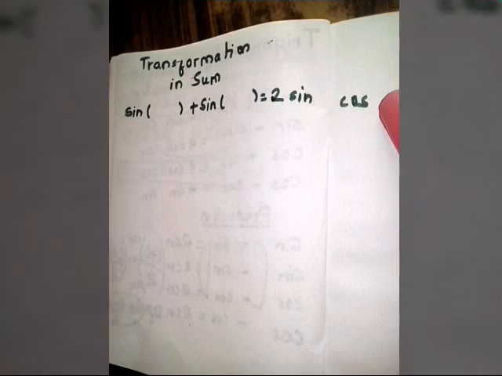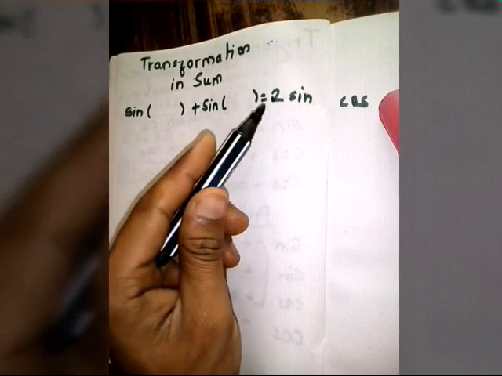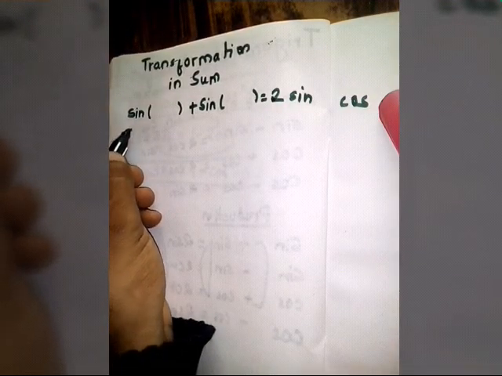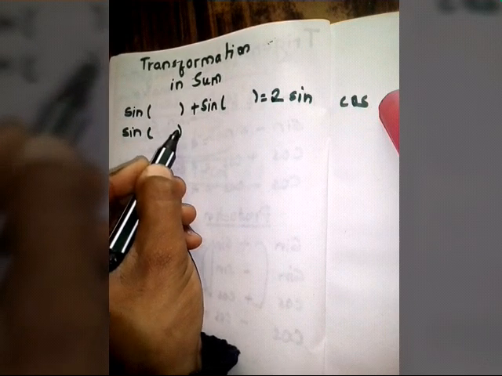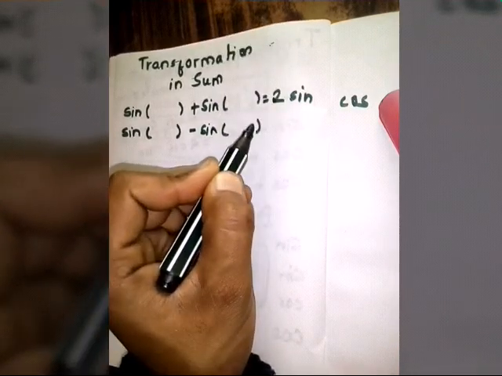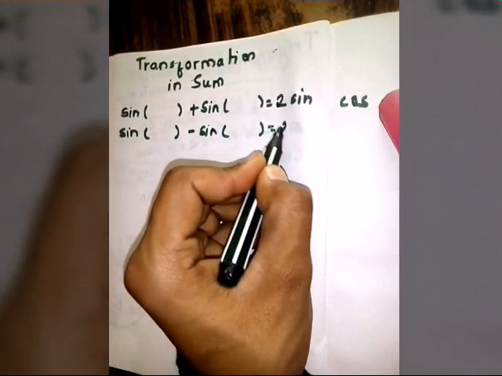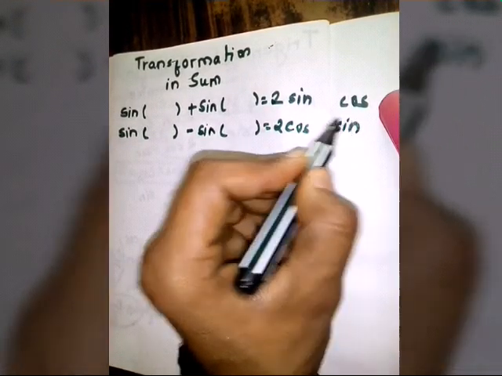Now let us talk about transformation in sum. Okay, the pattern is the same. Again we have sine plus sine is equal to 2 sine into cos. Now similarly sine minus sine, so the formula will be 2 cos into sine.